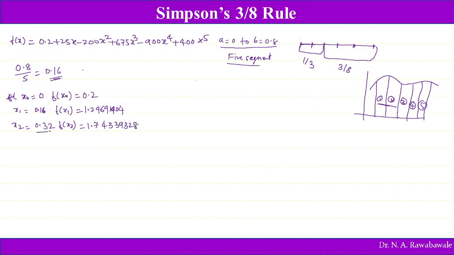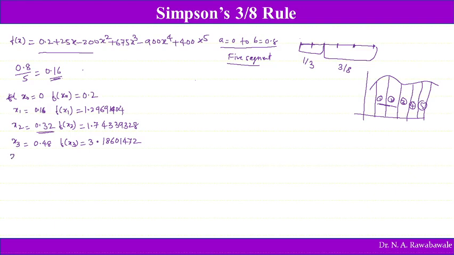If we substitute 0.32 in the given equation, we get the f of x function value. Then x3 is equal to 0.48, and f of x3 is 3.18601472.